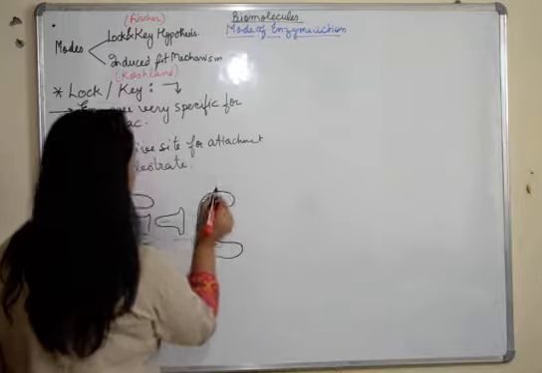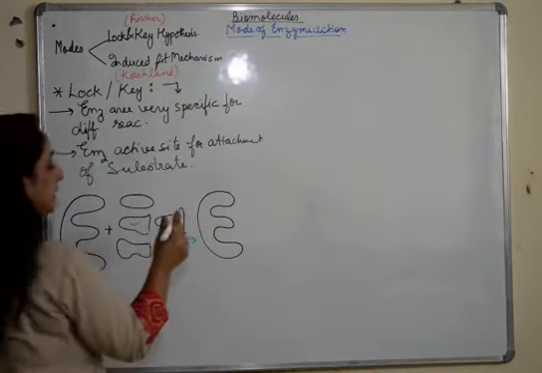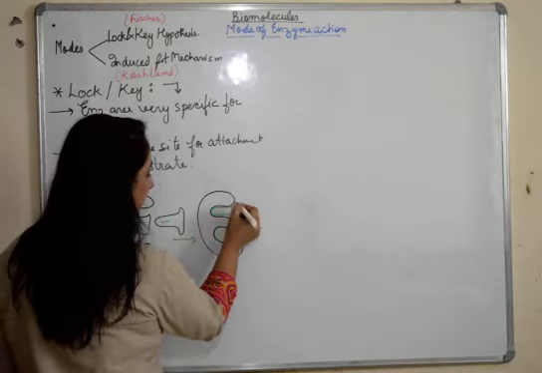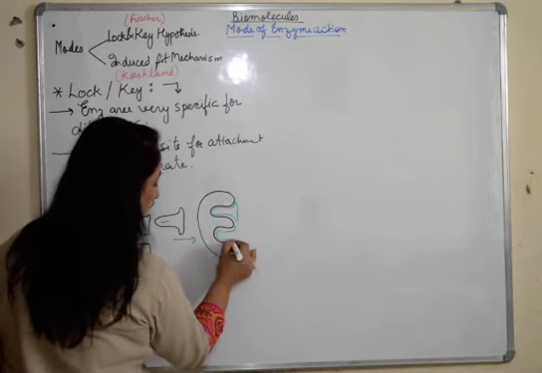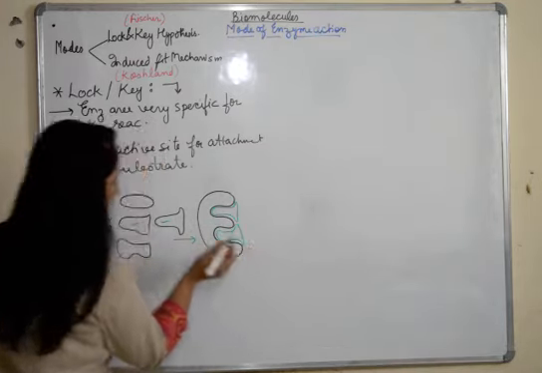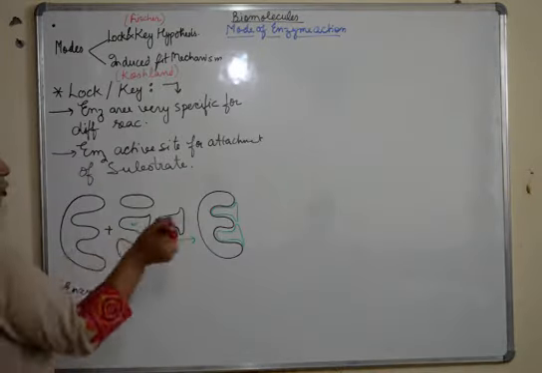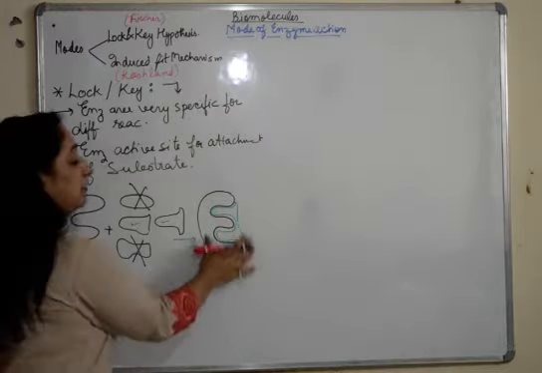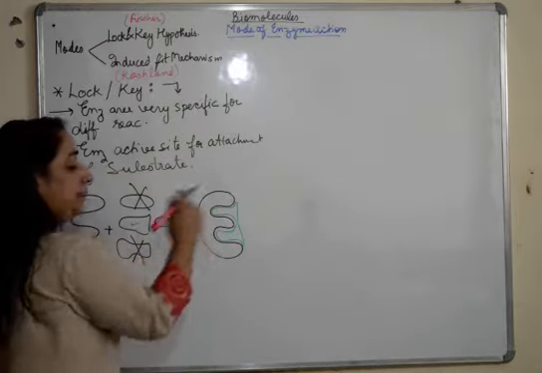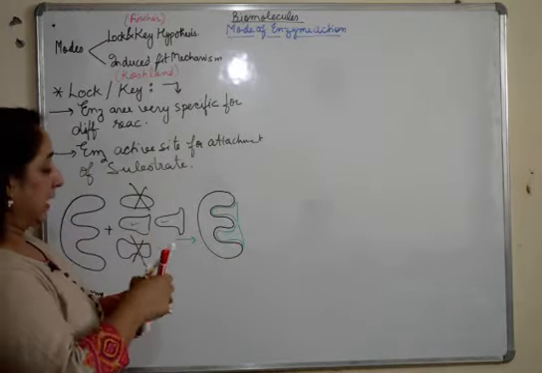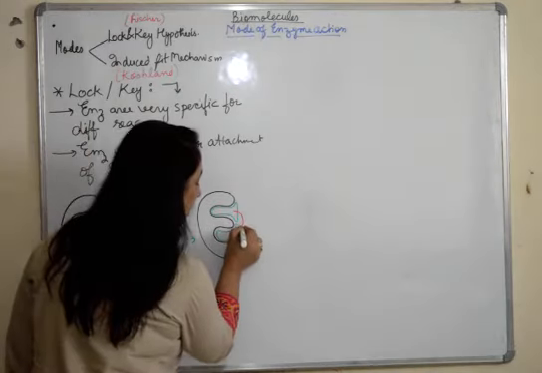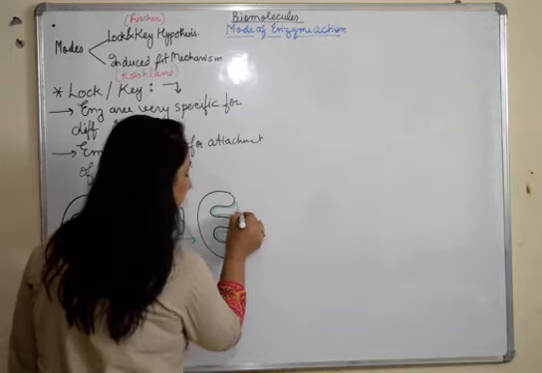So what will happen now? Enzyme and these specific substrates which are only here will get attached, and the ones which are not eligible or which are not specific, they will not get attached. So this is how only specific molecules get attached. As and when the substrates get attached, a bond is formed between them.